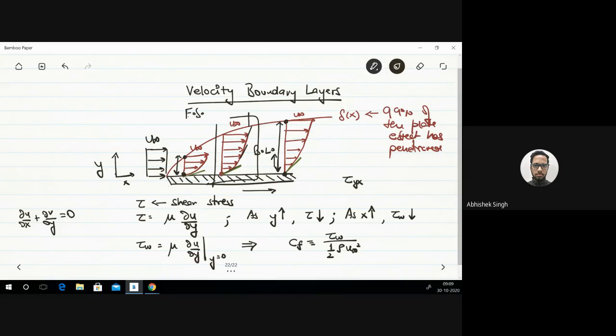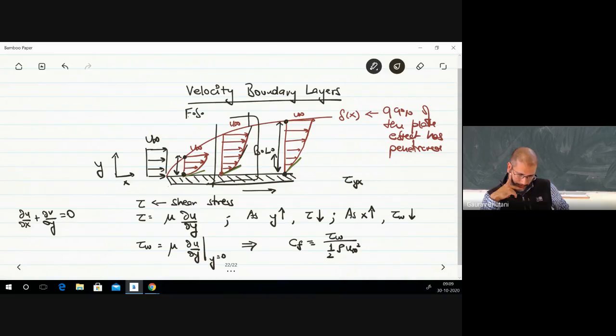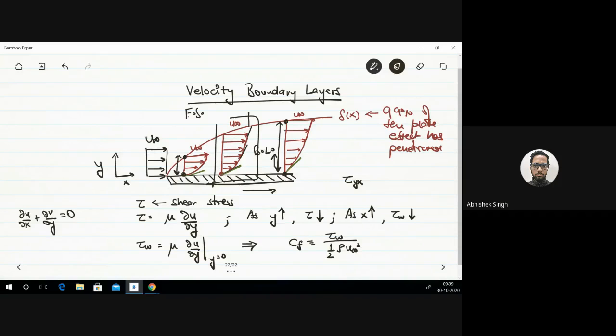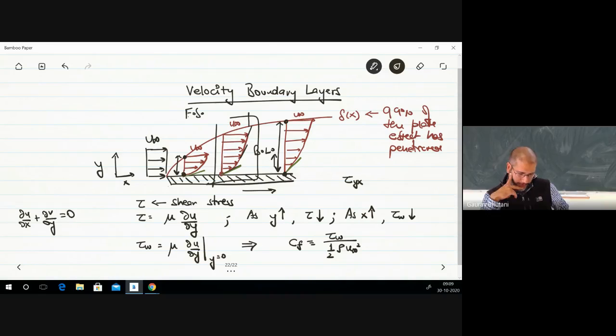Then if v is zero, then u will be constant, and it doesn't seem constant here. Across the axis, it's changing. Right. It's a good point. So you're saying that as we go further from left to right, my u velocity has to remain constant as a function of x.